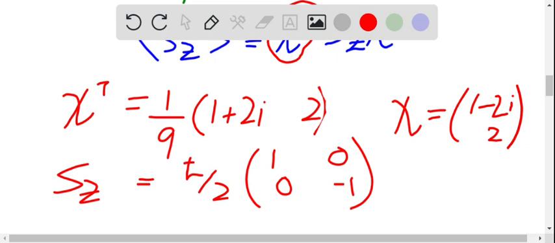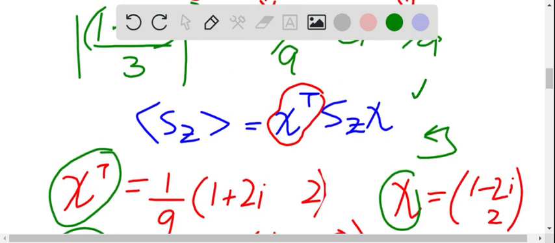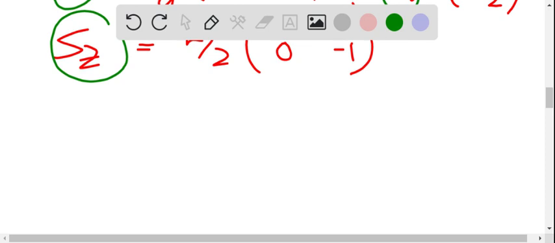What we are going to do from here is plug in all of these values of chi dagger, S sub z and chi into the equation that we just wrote for the expectation value of S sub z. When you plug them in and do a little bit of mathematics, it's very simple, no technical thing is involved.